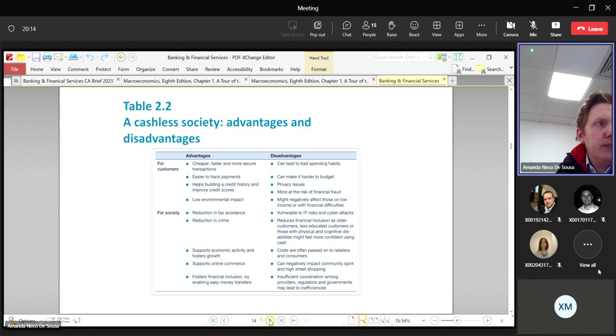This slide then just runs through the advantages and disadvantages of a cashless society. But sure, look, the most obvious one there is for customers. It's clearly cheaper and faster than waiting days for a check to clear. For society, it clearly will reduce tax avoidance when things are done electronically rather than being done on a cash-based system.